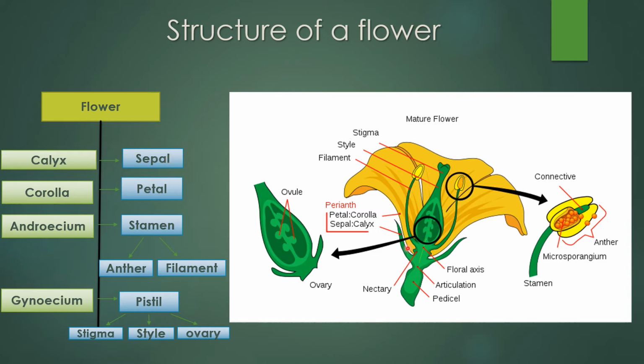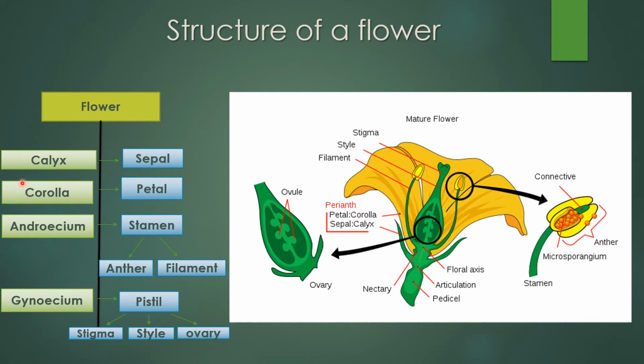So here the greenish part which provides protection to the bud is actually the sepal, and many sepals form the calyx. The next part is the corolla.